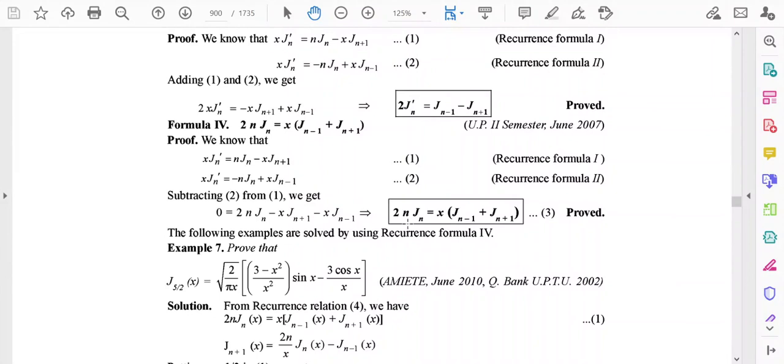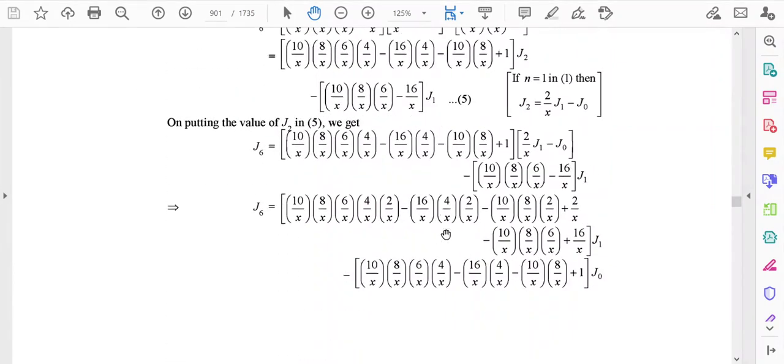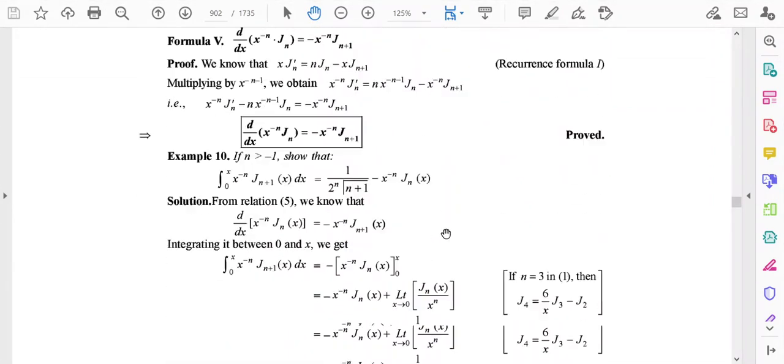2n Jn = x(Jn-1 + Jn+1), or Jn+1 can be expressed in terms of Jn and Jn-1. So here if we put n = 1, then J2 can be expressed in terms of J1 and J0. So we have to use formula 4 for reducing higher J values in terms of lower J values.